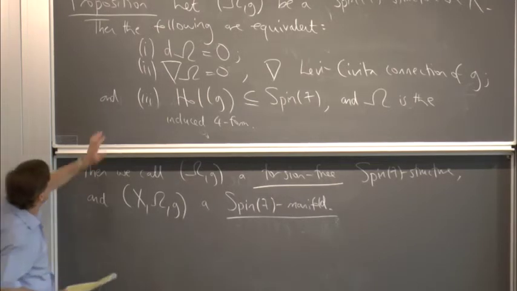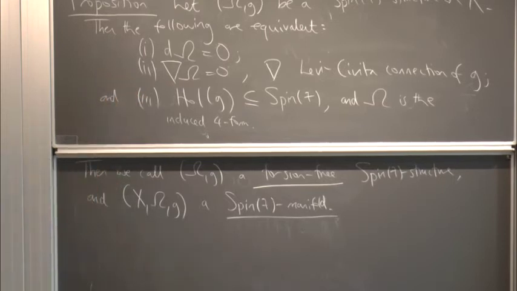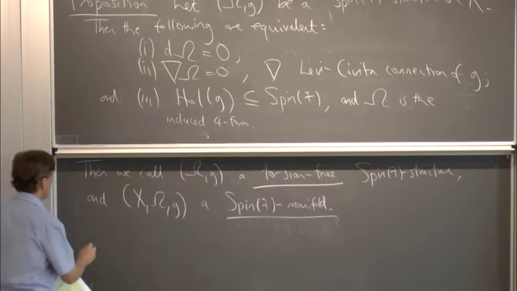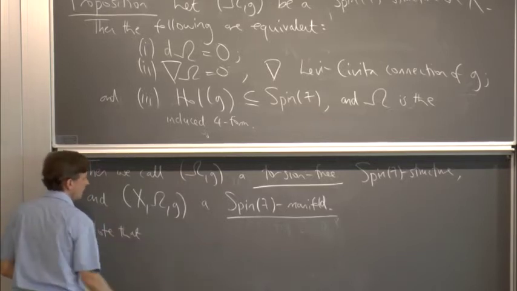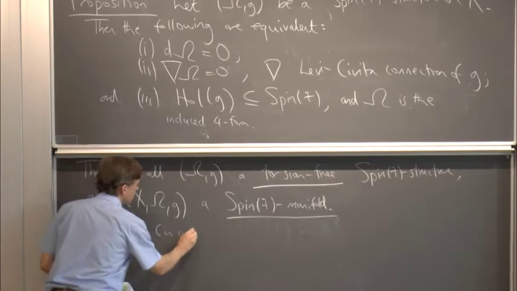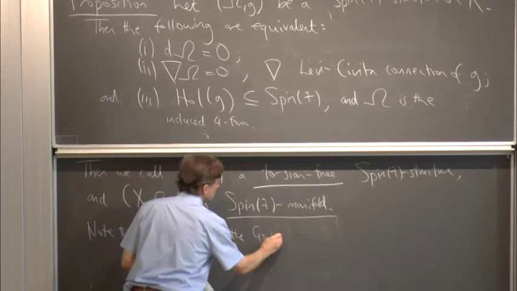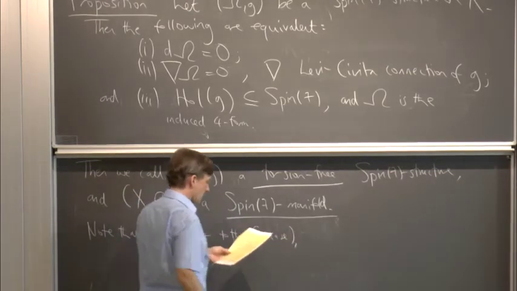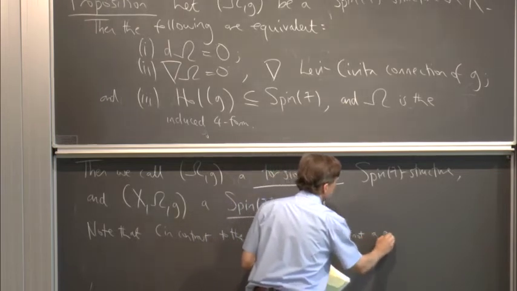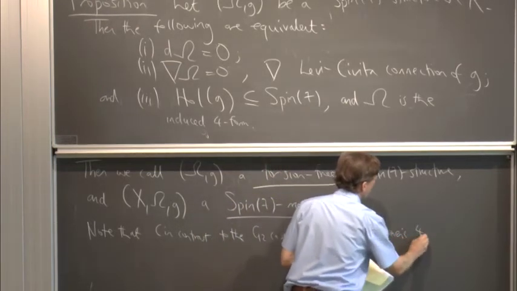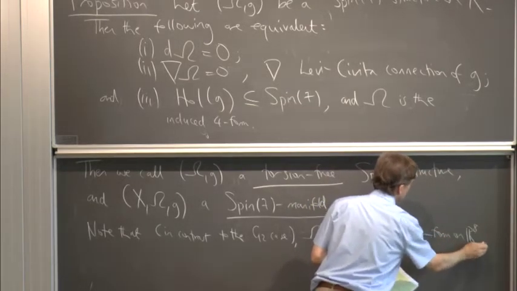Well, let's explain why it can be that parts 1 and 2 can be equivalent. So we'll note that, in contrast to the G2 case, Ω0 is not a generic 4-form on R^8.